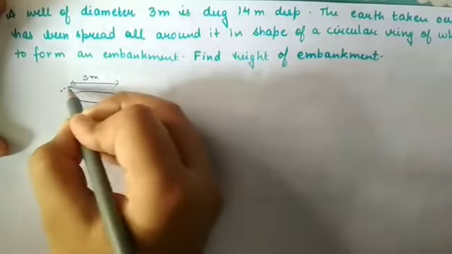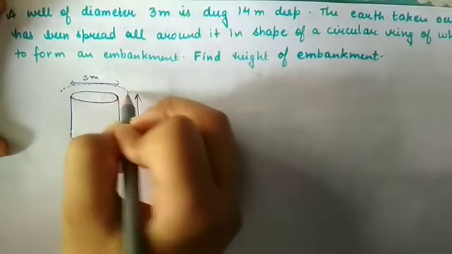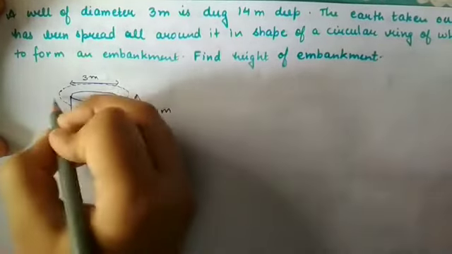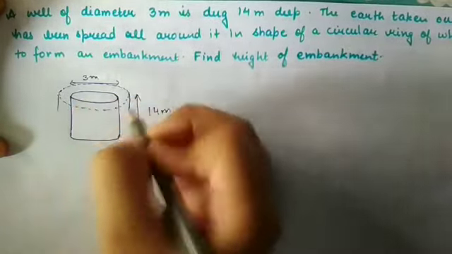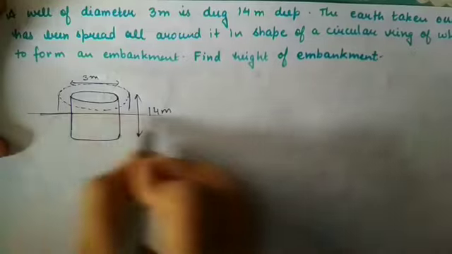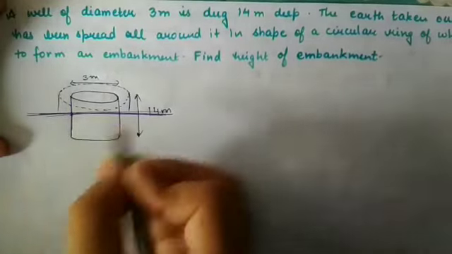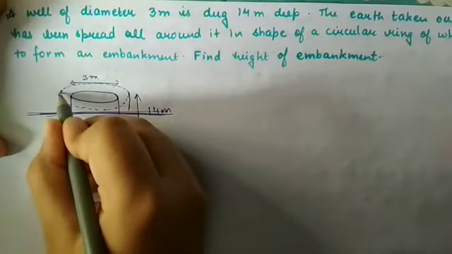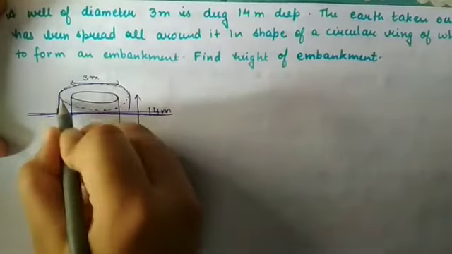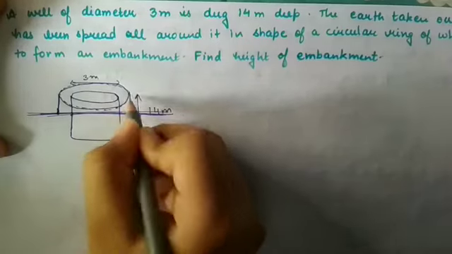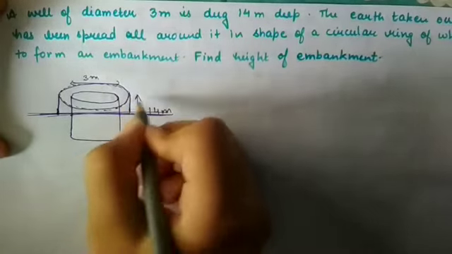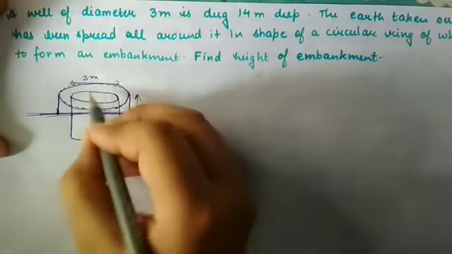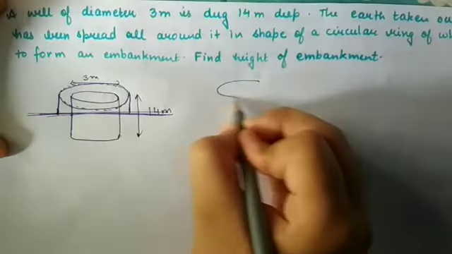So it is spread around in this way. Suppose this is the ground level and the well is dug deep, and this area has been made, this is called embankment. This area has been made with the mud that was taken out.